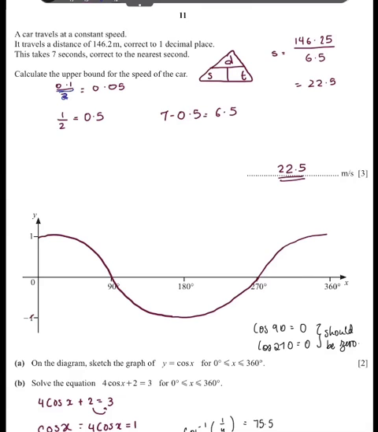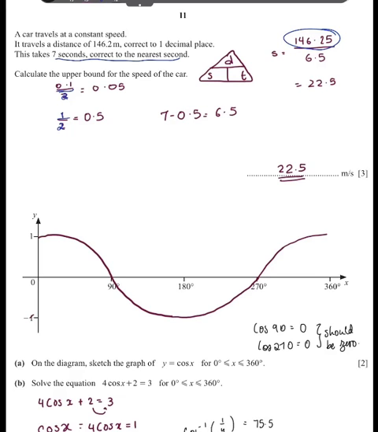For the upper bound, what we'll do is we'll take 146.2 and add 0.05, and you'll get 146.25. And then you have 7 seconds, which is correct to the nearest second. So for the second you can just take 1. So 1 by 2 is equal to 0.5.